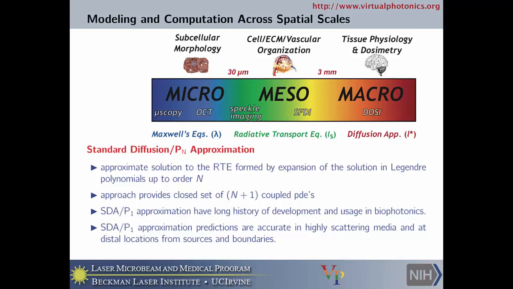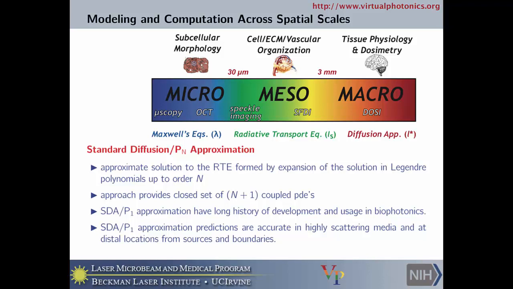Okay, and so you can do what's called a P1 approximation, or a P3 approximation, or a P5 approximation, where P refers to the Legendre polynomials and n is the order. And where you terminate that series of Legendre polynomials basically results in an n+1 system of coupled partial differential equations, which can be solved with some difficulty, but still can be solved.